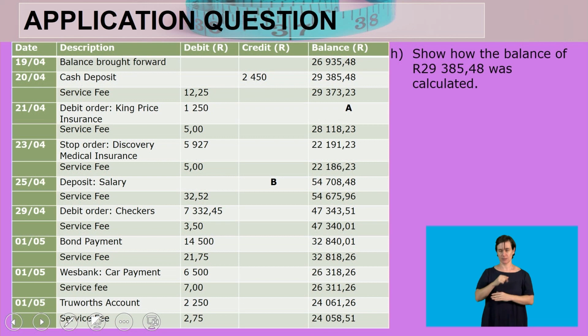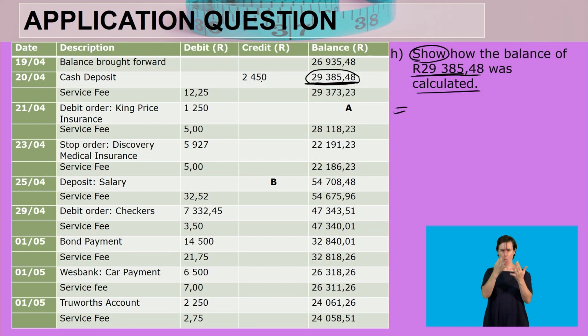And show how the balance of 29,385 rand 48 cents was calculated. This is the balance they have on the statement, and they need us to show how they arrived at that value. On our statement, we check where 29,385.48 is. This is the amount, and we need to show how they got this balance. As we can see on our left, we have 2,450.